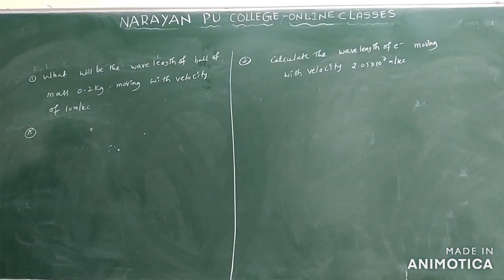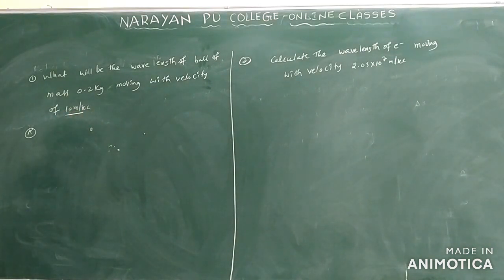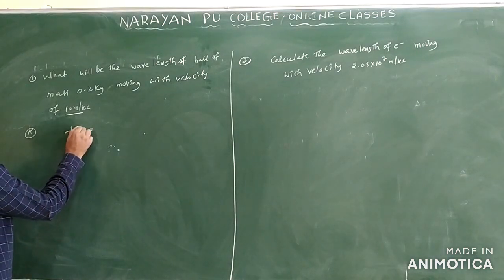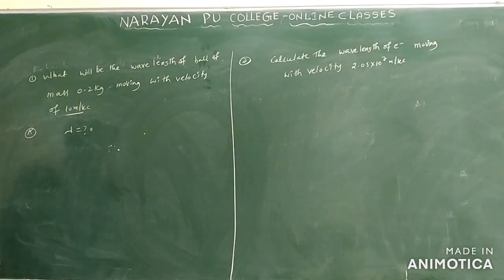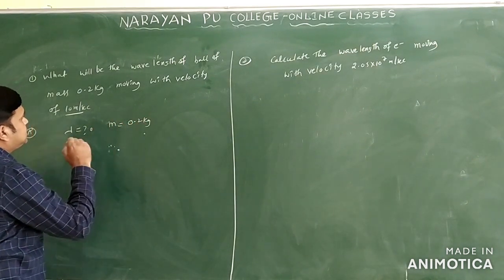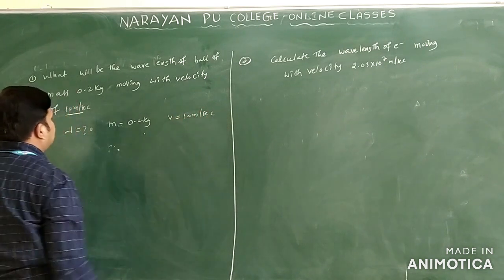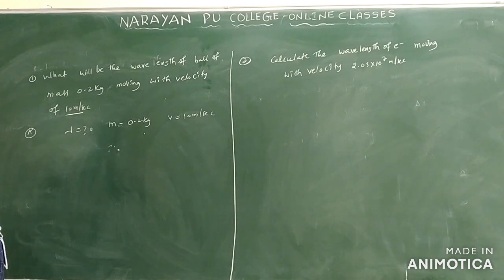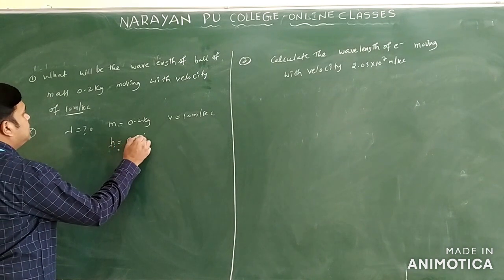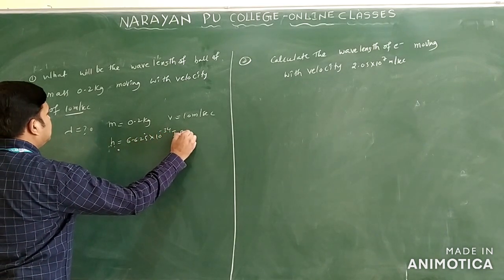See, this is the example. What will be the wavelength of a ball of mass 0.2 kilograms moving with the velocity 10 meter per second? They are asking for lambda, that is wavelength. What is given? Mass m is equal to 0.2 kilograms and velocity v is 10 meter per second. You know Planck's constant is 6.625 into 10 power minus 34 joule second.